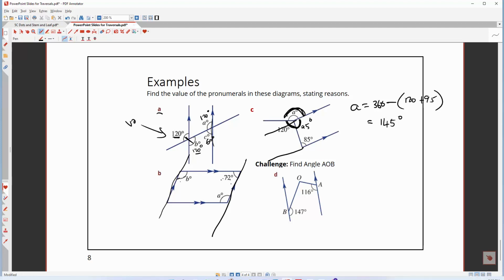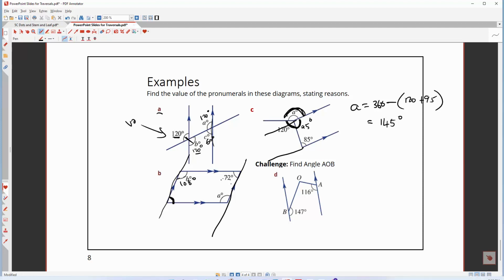So this is going to be 108 degrees because 72 plus 108 is 180. Now we'll get this angle here, even though it's not telling us to. We'll get it anyway.